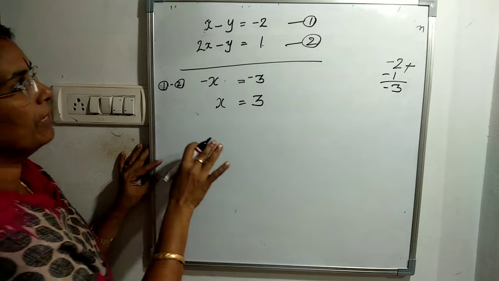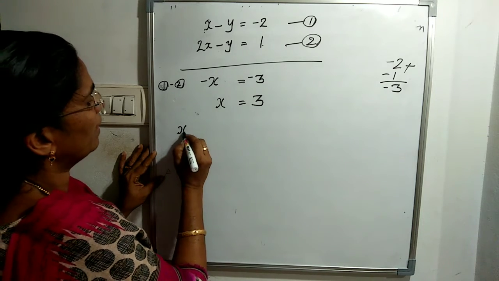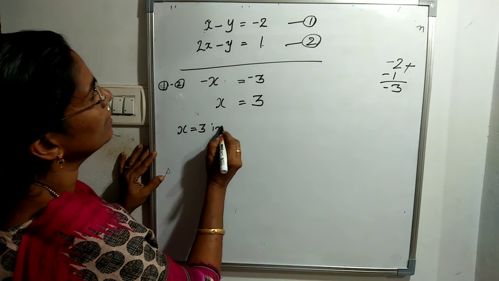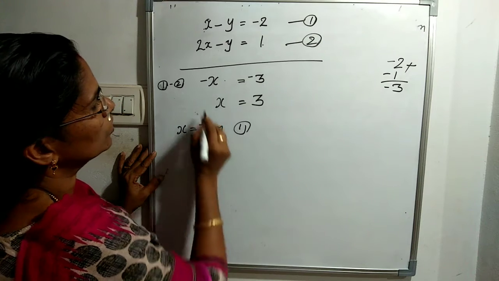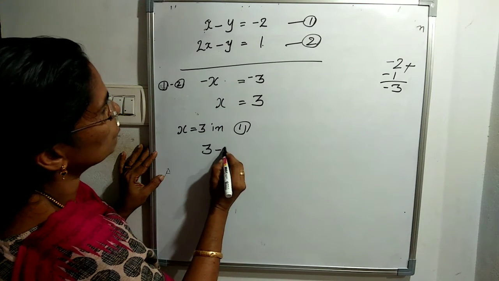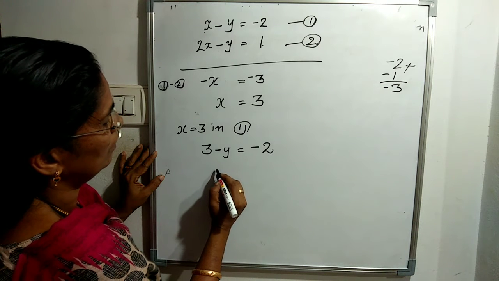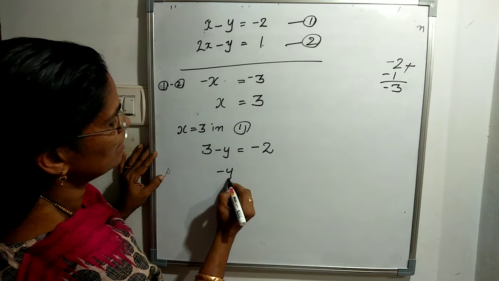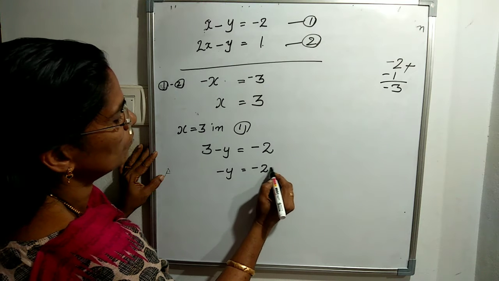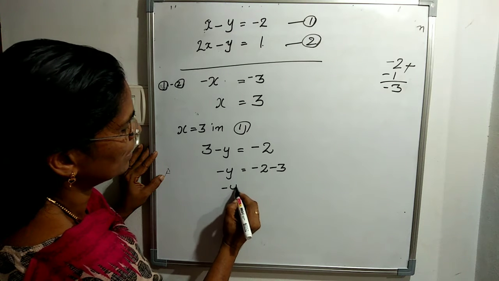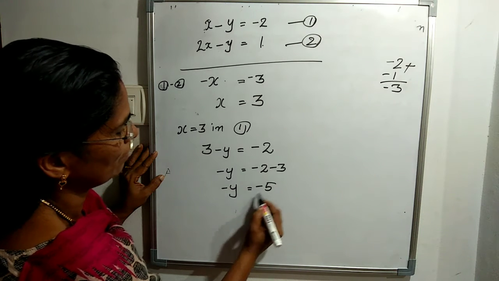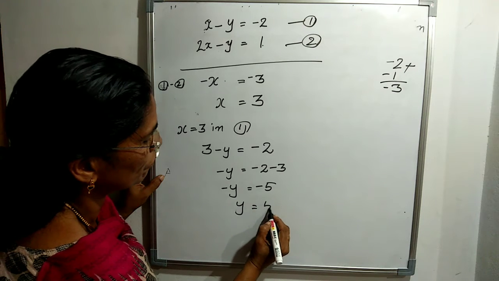Now we have to find the value of y. Substituting x equal to 3 in equation 1, we get 3 minus y equal to minus 2, or minus y is equal to minus 2 minus 3, or minus y is equal to minus 5, or y equal to 5.